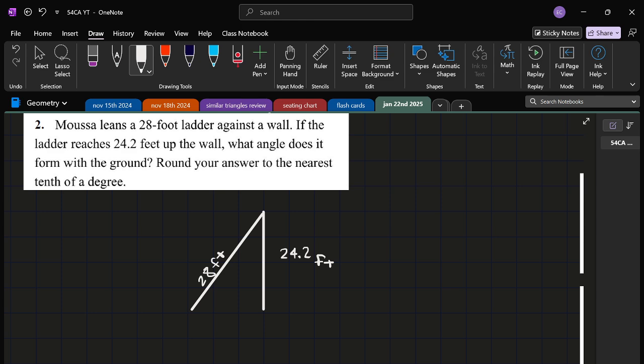We write down our givens. We are given opposite and hypotenuse, and we are going to solve for theta. It's asking what angle it makes with the ground, so theta is going to be right here. Not all problems are going to say elevation or depression, but they'll ask you for the angle, and from the ground up is going to be our theta.